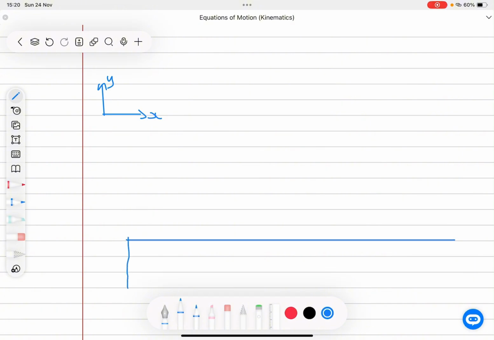On this horizontal line, we will have the starting point here, which is 0 meters. We call this the reference point, meaning that's where we start measuring our position or displacement.